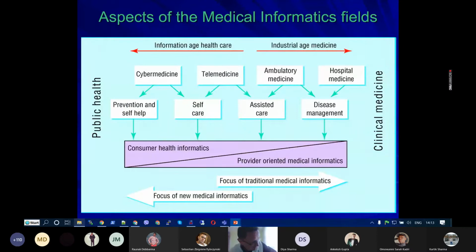And finally, after all these definitions, I turn back to some aspects of the medical informatics field. Here we have a summary of what is focused on in traditional and modern medical informatics, when in the information age, the actors who work in the healthcare area have to put emphasis on telemedicine, on cybernetics, on prevention, self-help, self-care, assistant care, and so on.